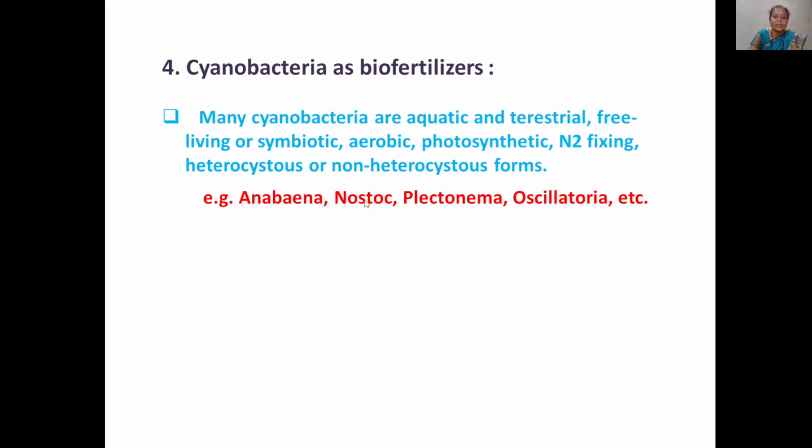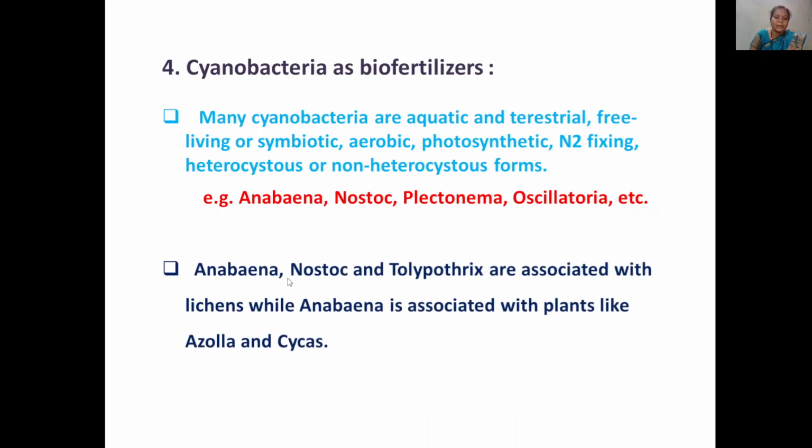Example: Anabaena, Nostoc, Plectonema, Oscillatoria, etc. Anabaena, Nostoc, and Scytonema are associated with lichens, while Anabaena is associated with plants like Azolla and Cycas.